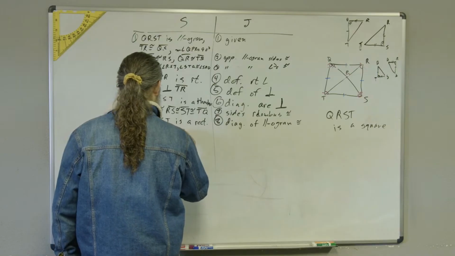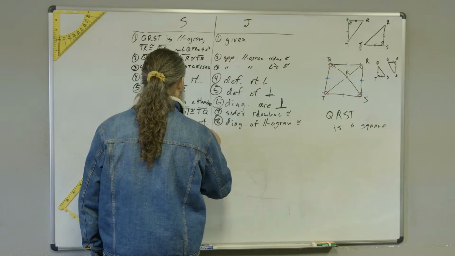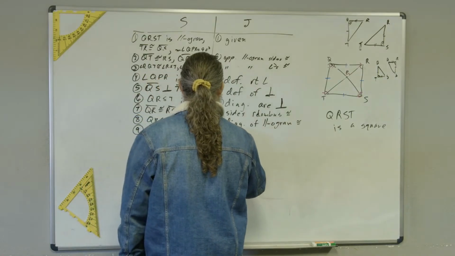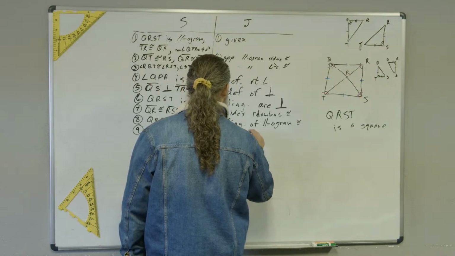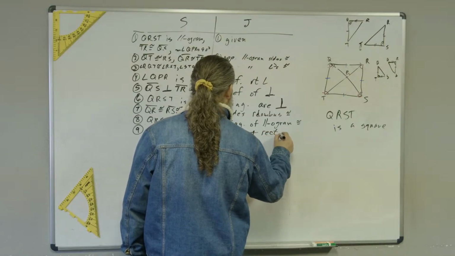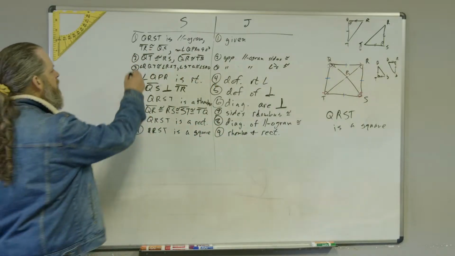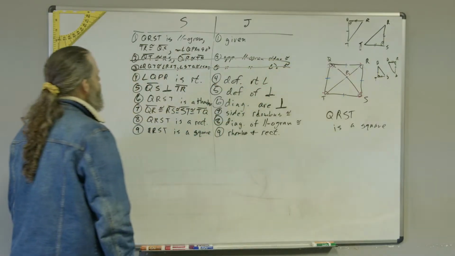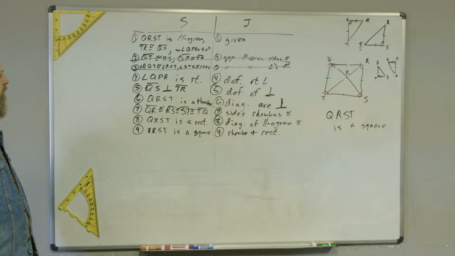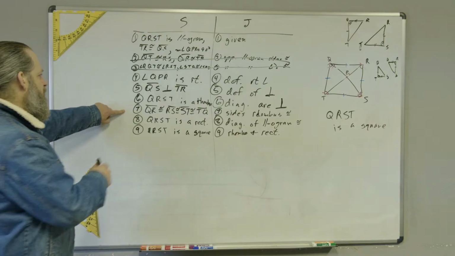QRST is a square. Rhombus and rectangle. So we didn't need this or this. I think we needed, and actually there's a couple things we said, because it's a thing, we didn't need this.